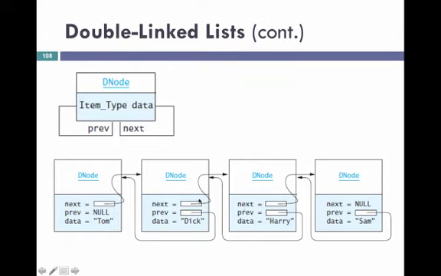Now here's a doubly linked list, and you'll notice the first node in the list points to the next node. So we have this next pointer, and the last node in the list is set equal to null, but now each node points to the previous node in the list until we get to the first node, and its previous data field is set equal to null. So here's a doubly linked list that will allow us to traverse in both directions.